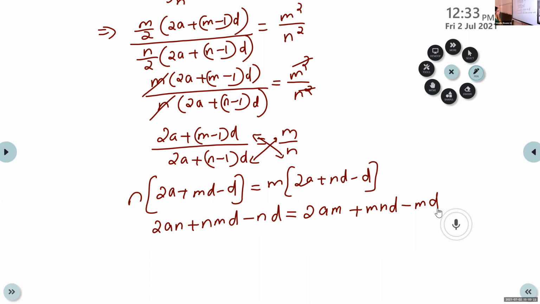Then we can cancel mnd. Yes, good. 2an minus 2am equal to, we will take nd to the other side. 2an minus 2am on this side, and nd to the other side, minus md.